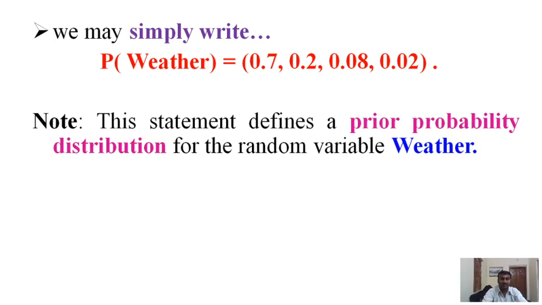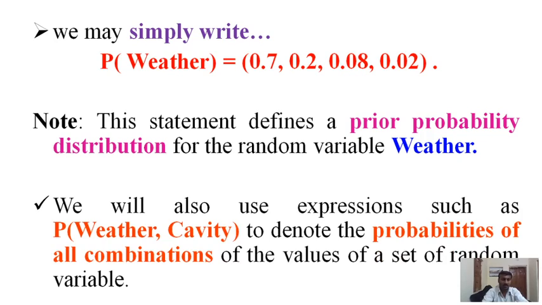Note, this statement defines the prior probability distribution for the random variable weather. We will also use expressions such as probability of weather, cavity to denote the probability of all combinations of the values of a set of random variables.